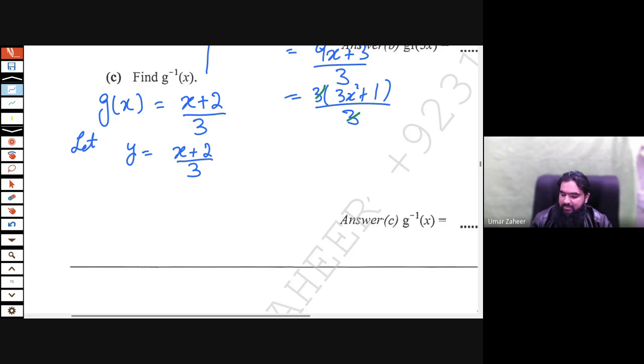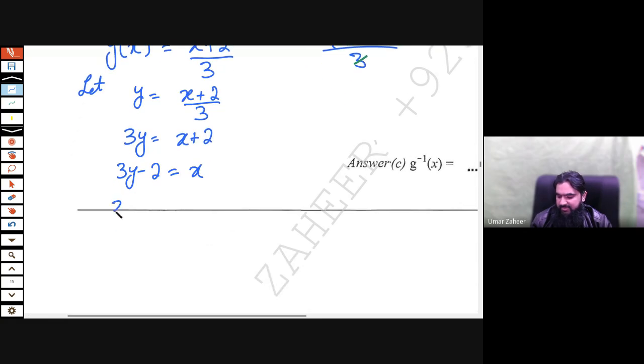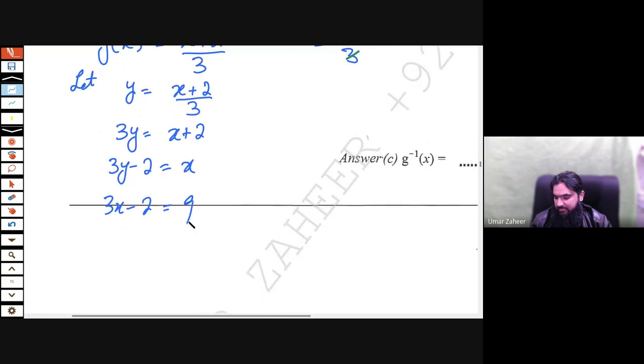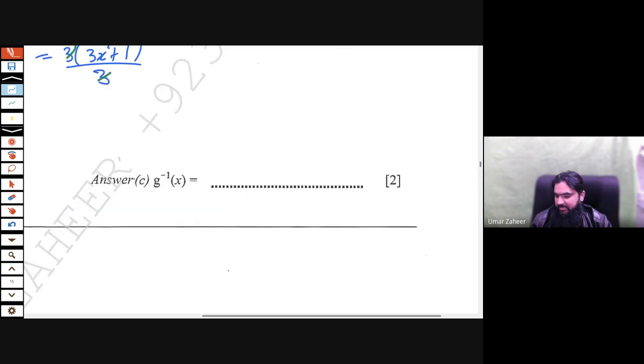So 3 is dividing, it will be multiply on the other side. Now it is plus 2, on the other side will be minus 2. Now replace y with x and x with g inverse of x. So g inverse of x is 3x minus 2.